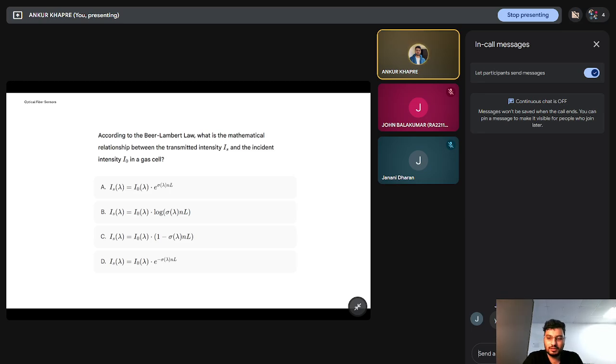Please text in the chat box also. It can be useful for discussion. I don't know why your voice is not coming, so you can type in the chat box also. We have 8 more questions after this, total 10 questions.